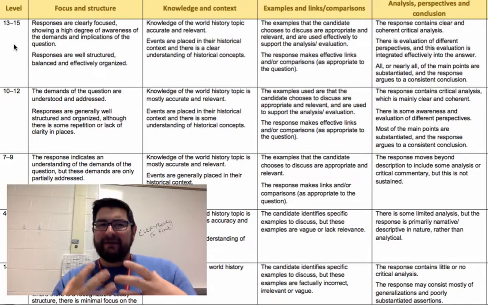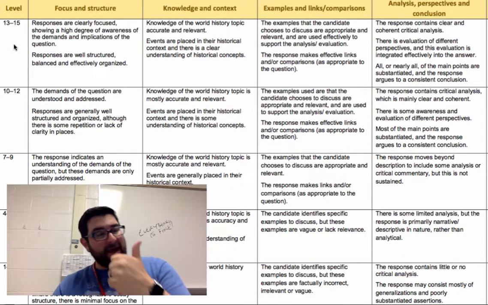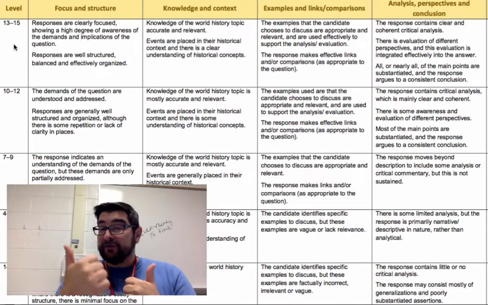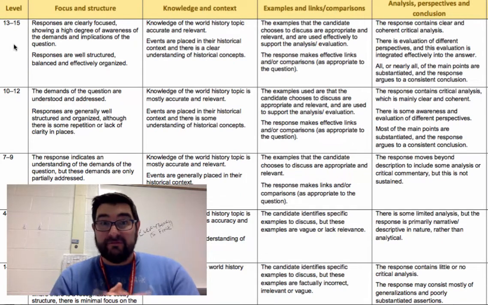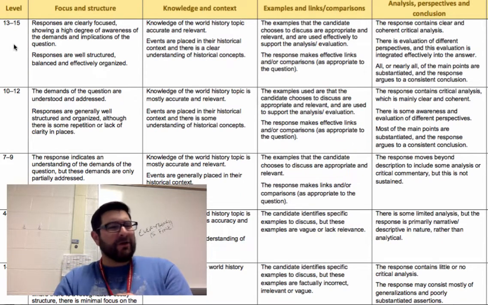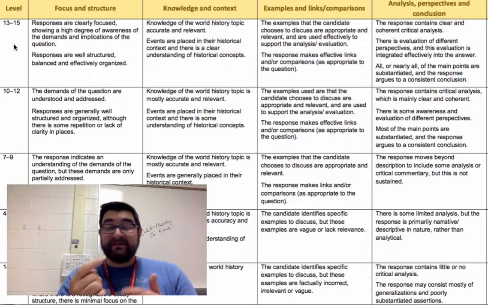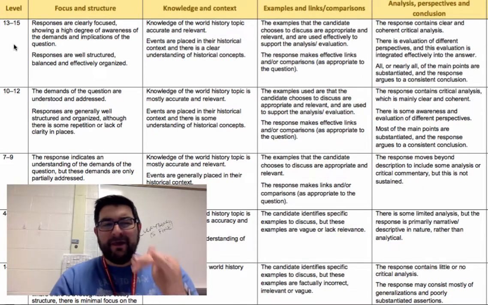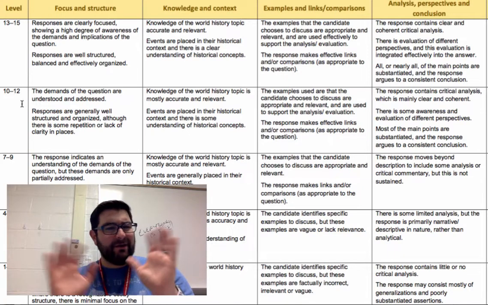I tend to think a lot of our 13 to 15 papers are the ones that not only combine excellent writing and understanding of the rubric, but also an encyclopedic knowledge of the topic that they're writing about. I wonder if these kids are often the ones that get lucky and find a paper 2 or a paper 3 that lines up with their EE or their IA. So I want to live in the 10 to 12 zone, and if we bump up to 13 to 15 a little bit, we're good to go.